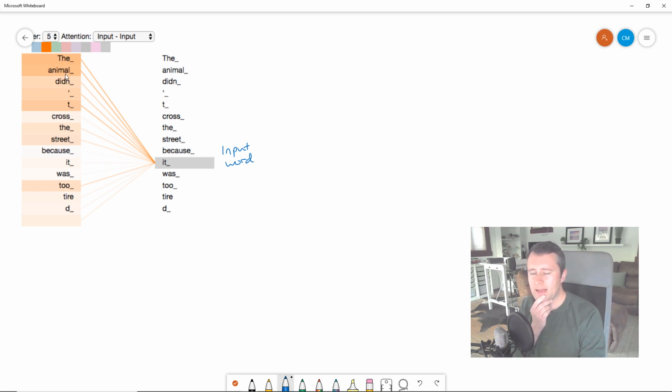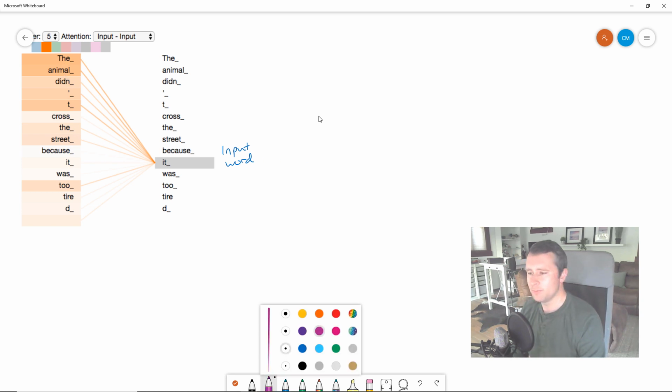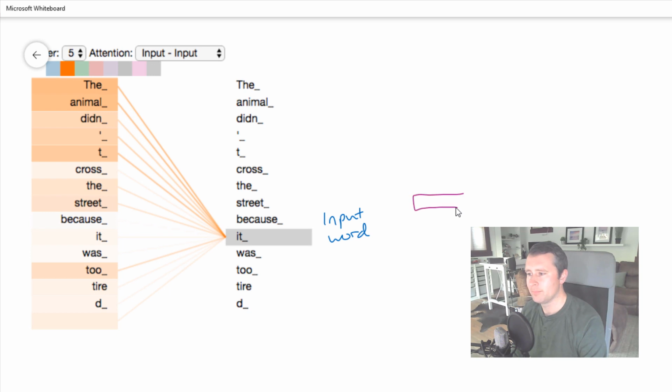So how did we calculate the score for these two words? We take the query vector for it, and we take the dot product between that and the key vector for animal. And then there was that step of dividing the result by 8 as well as applying the softmax.